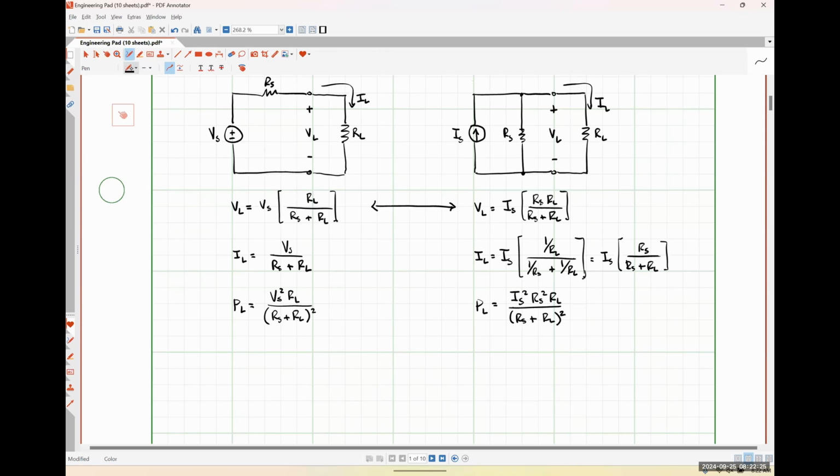So for what it's worth, over here on the left-hand side, I have a factor of RL over RS plus RL. And I have a factor of RL over RS plus RL on the right. So I just cancel those out on both sides. And what do I have left? Well, VS must be equal to IS times RS.